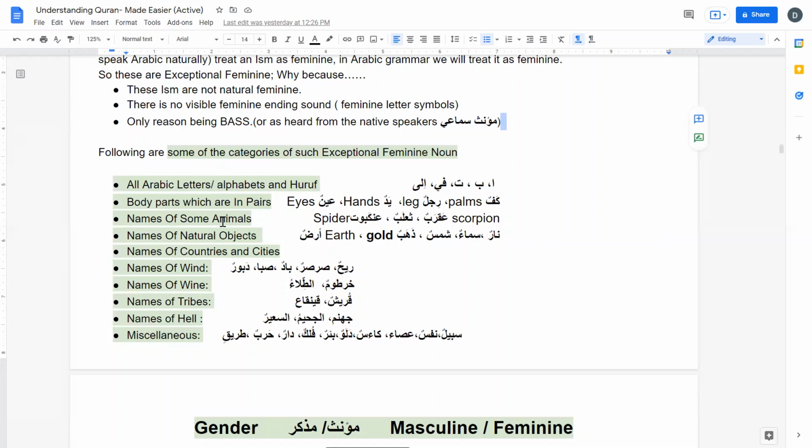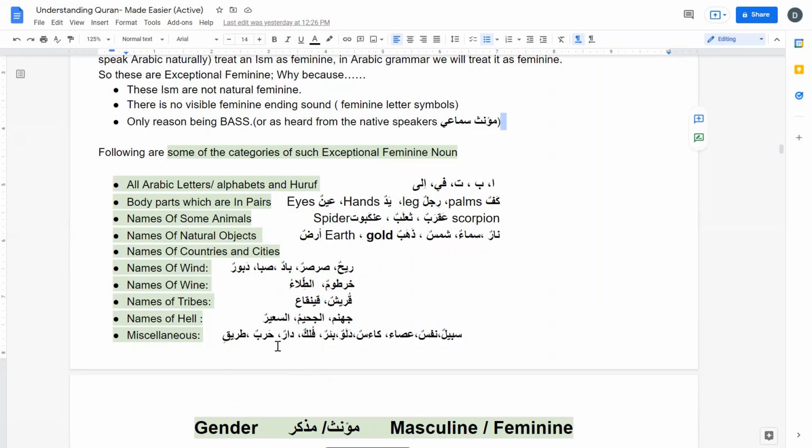And then there are some animals that are feminine, and you don't have to go into all these details, but you know that all names of wines and all names of hell that came in Quran, like Jahannam, Al-Jahimu, As-Sa'iru, these are all feminine isms. Okay.